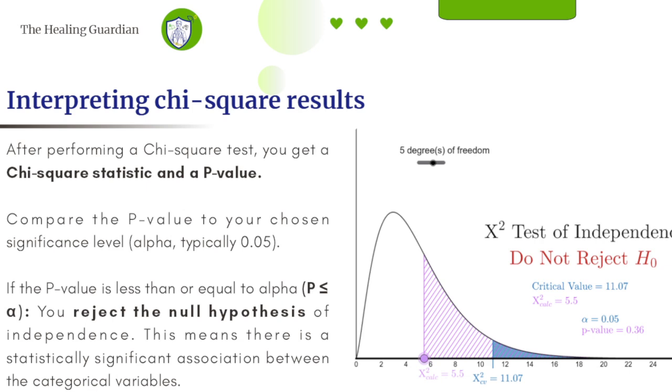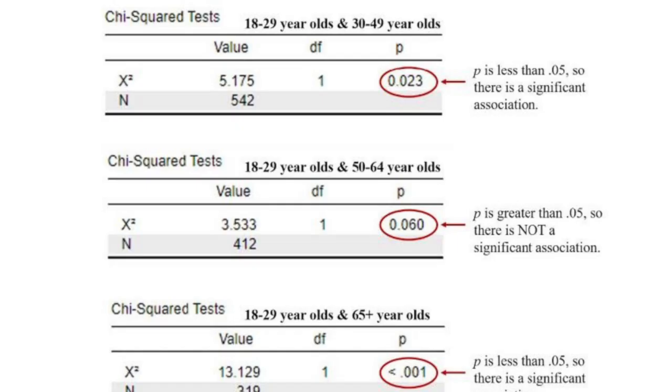But if it is greater than it, we fail to reject the null hypothesis. This already illustrates that your p-value must lie in this region for it to be considered significant, in this significant region, the blue one. If it is beyond it, we cannot reject the null hypothesis.